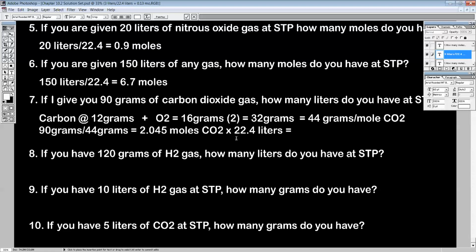So 2.045 times 22.4 is going to give us 45.8 liters. I'm losing it here. I need a little more coffee. Let's take a 5-second coffee break here. So our final answer there was 45.8 liters of gas at STP.